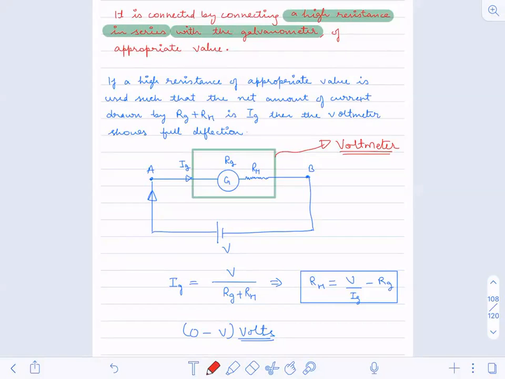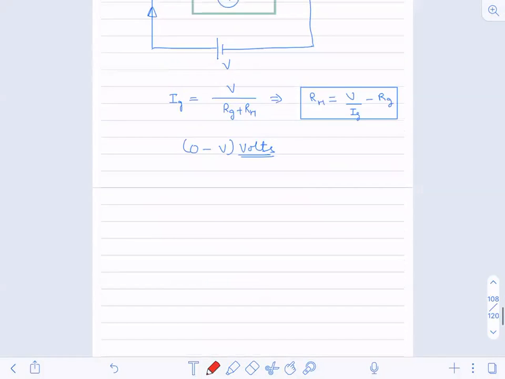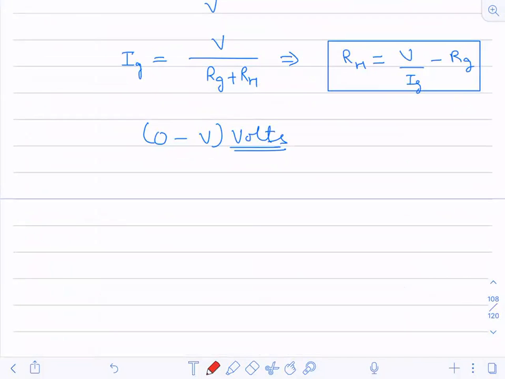Okay, in this sum, the voltage range is 0 to 0.2 volt. So it should show you the full deflection where? If the voltage range is from 0 to 0.2, it should show you the full deflection everywhere.